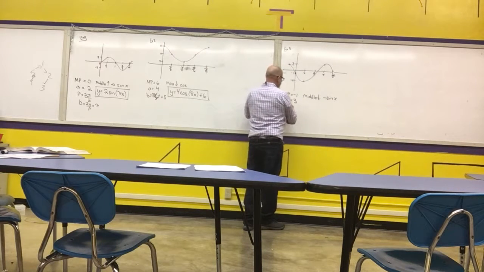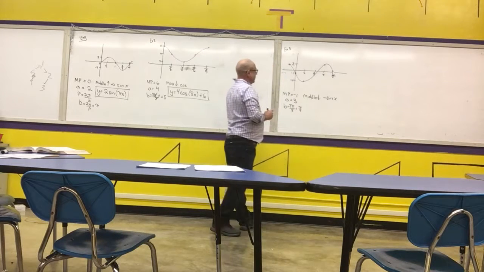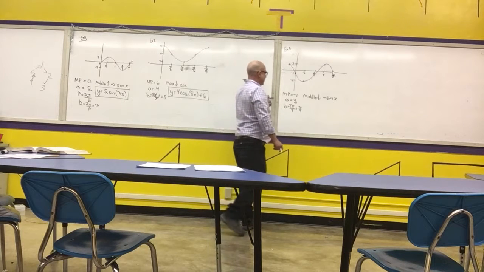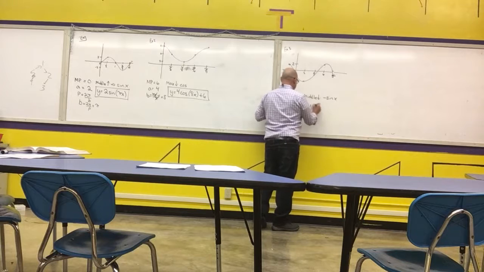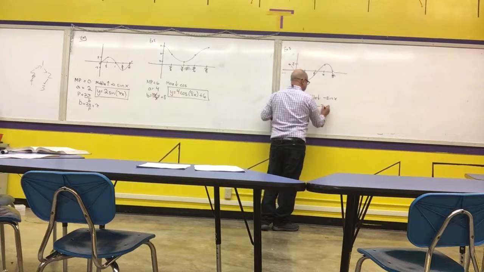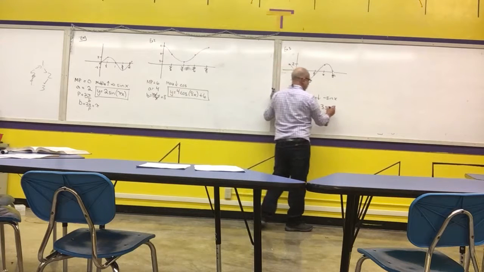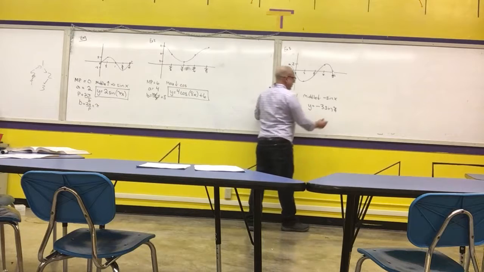My b is equal to 2 pi over 8, which is pi over 4. And that gives me the key pieces of information. So I get y is equal to negative sine of pi fourths minus 1.